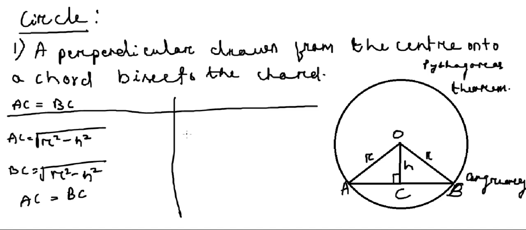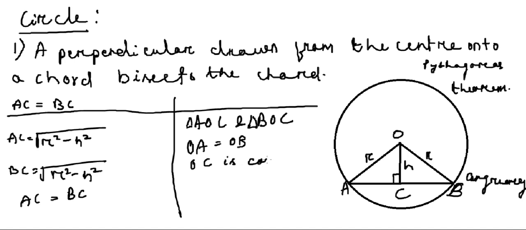Now if I am using congruency, then in triangle AOC and triangle BOC, OA is equal to OB, OC is the common side, and angle OCA is equal to angle OCB, as we have considered OC is the perpendicular drawn from the center onto the chord.